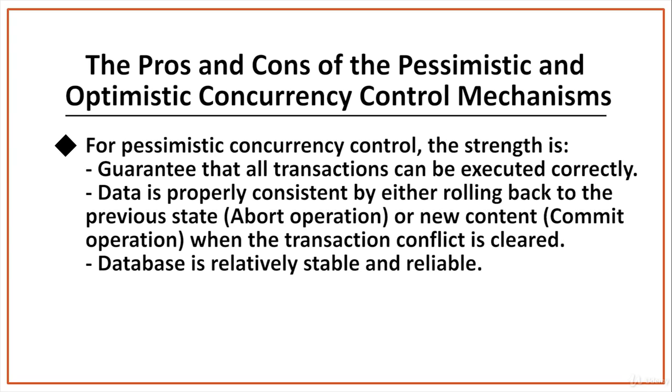For pessimistic concurrency control, the strength is a guarantee that all transactions can be executed correctly. Data is properly consistent by either rolling back to the previous state, the abort operation, or new content, the commit operation, when the transaction conflict is cleared. Database is relatively stable and reliable.